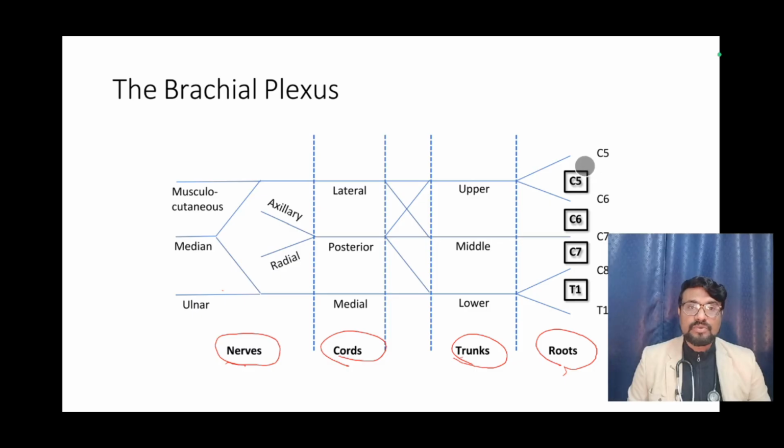Then the trunks include upper, middle and lower trunk. Cords include lateral, posterior and medial. And these are the nerves: axillary, radial, ulnar, median and musculocutaneous nerves.